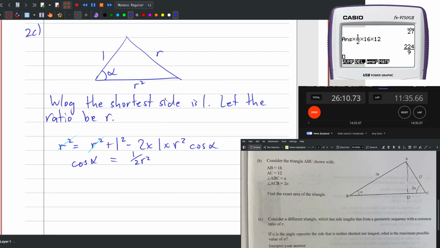This is like maximum alpha. Maximum alpha is lowest cosine of alpha, right?